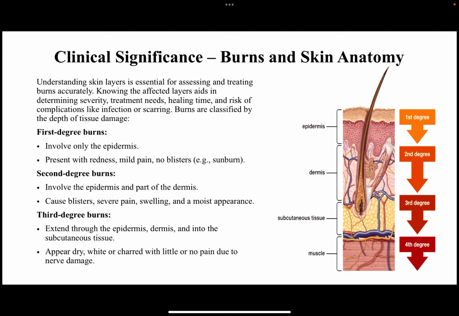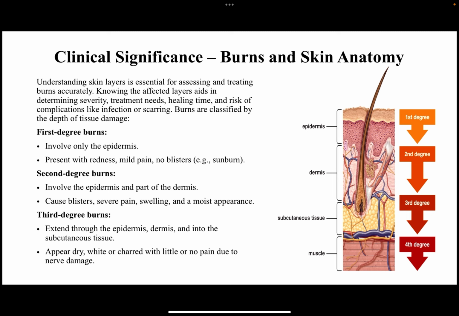If you understand the skin anatomy, it will help. A second degree burn affects the epidermis and the dermis. So when we say someone is having a second degree burn, it will affect the epidermis and the dermis as well. You get it?